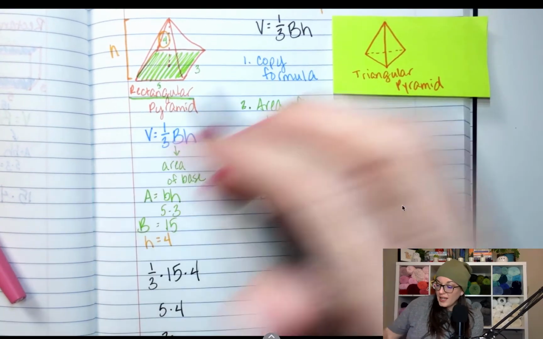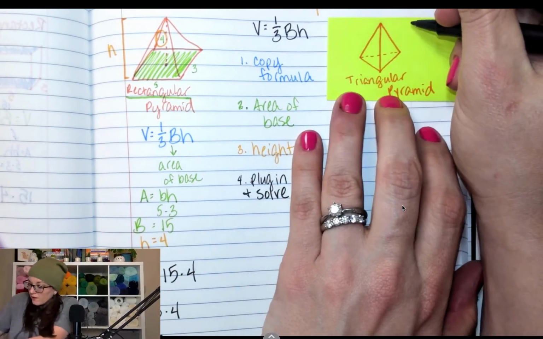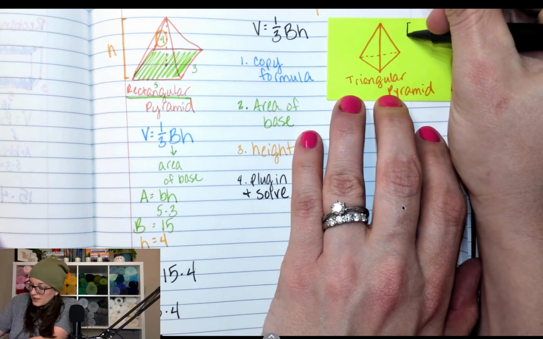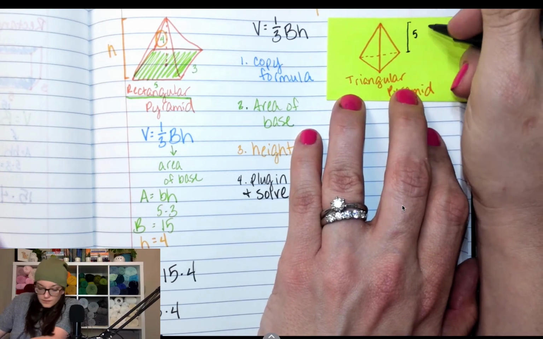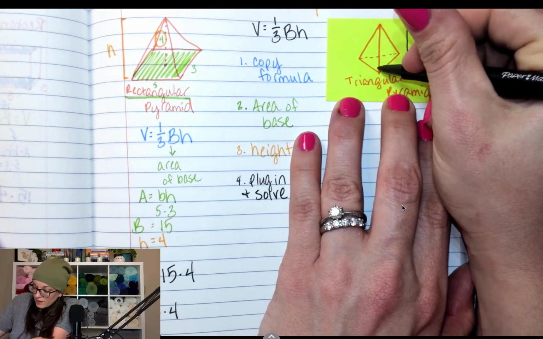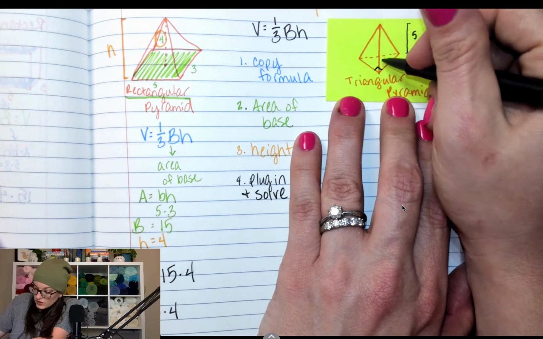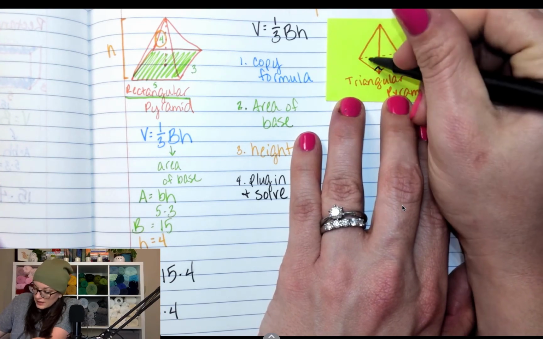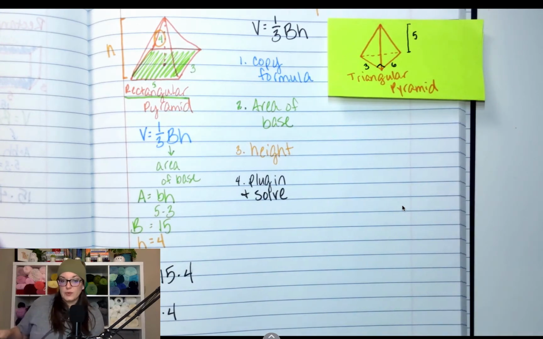And my triangular pyramid, let's say from here straight down to here is 5. There's my right angle. So this is 6 and this is 3. All right, so step 1, I need to copy my formula.